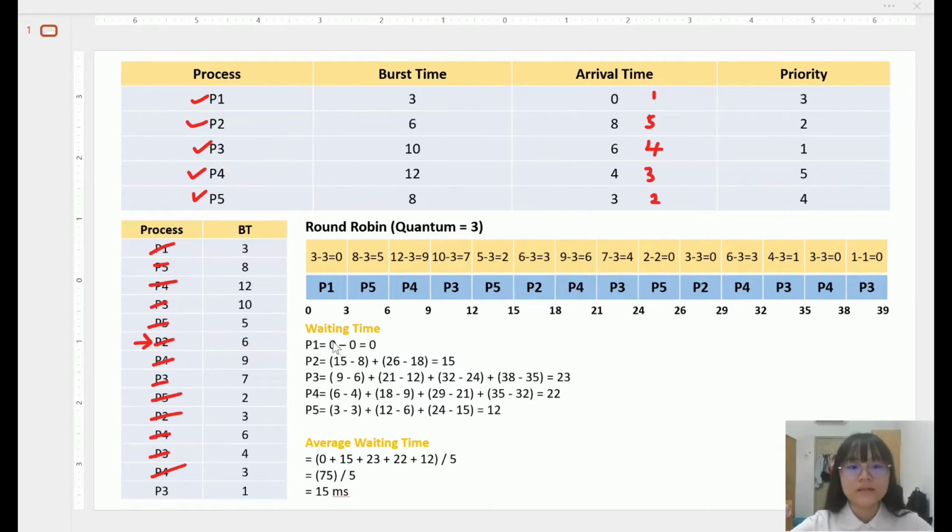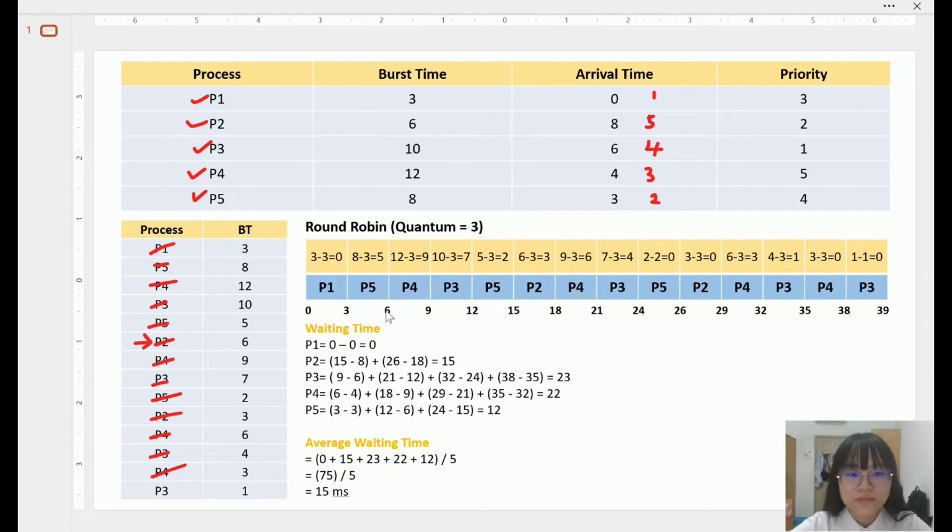Then we calculate the waiting time for process 3: 9 minus 6, plus 21 minus 12, plus 32 minus 24, and also 38 minus 35, and we get 23.